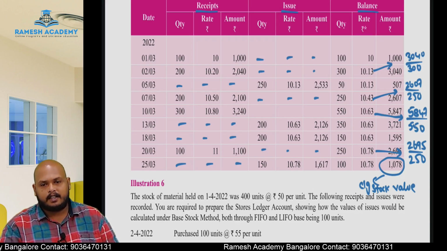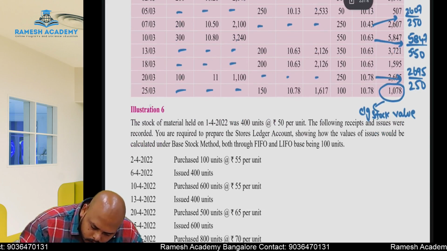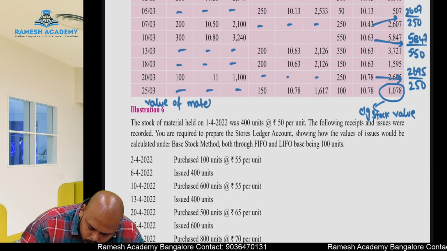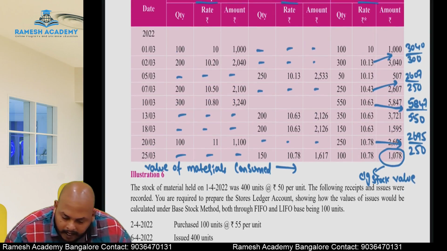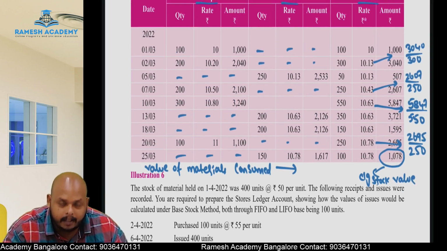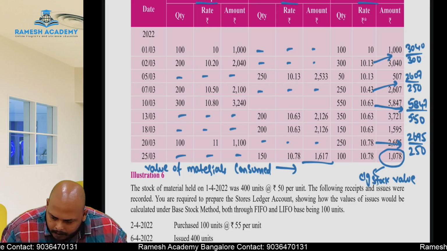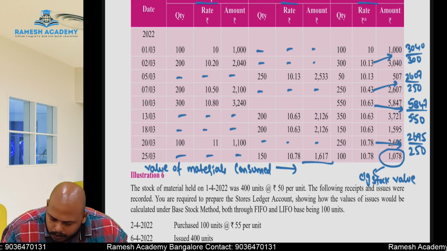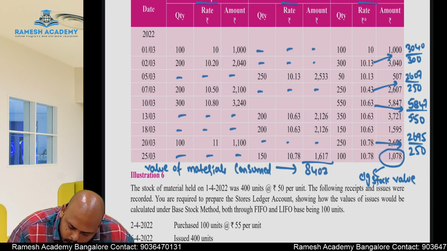Value of materials consumed means there is the issue column, and in the issue column there are amounts; you sum those totals: 2533 plus 2126 plus 2126 plus 1617, which is 8402.